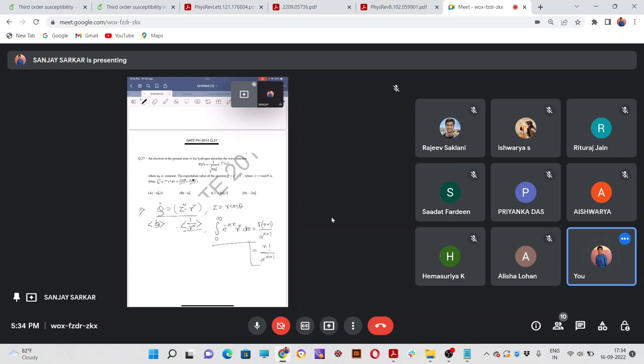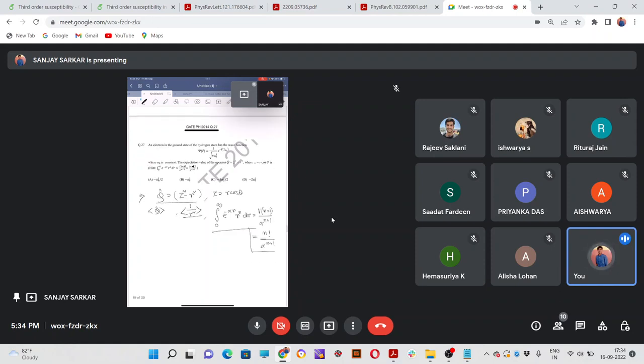Using this you can find the expectation value of q. So this is a bit of algebra, but basically straightforward.